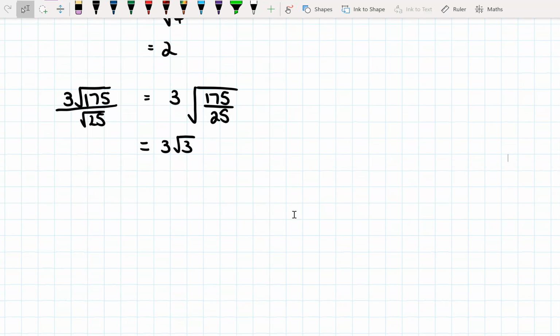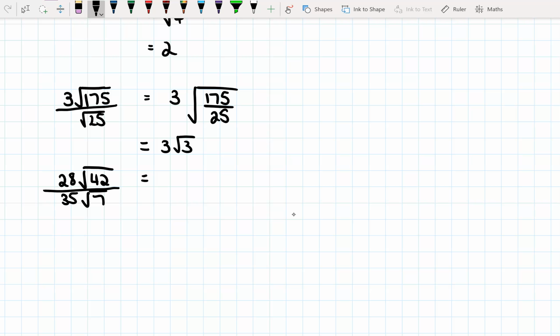Let's try one where there's a little bit more complication in the coefficients. So for example, let's do 28 root 42 divided by, no, not 14, let's make it 35 root 7.